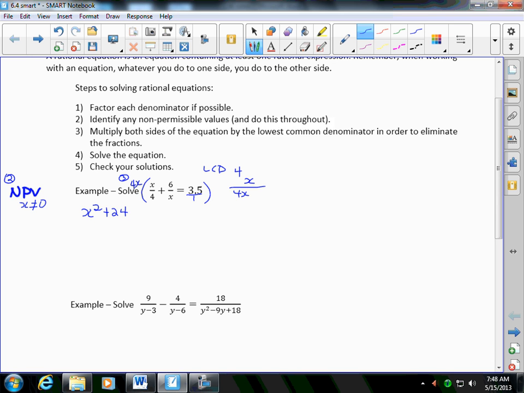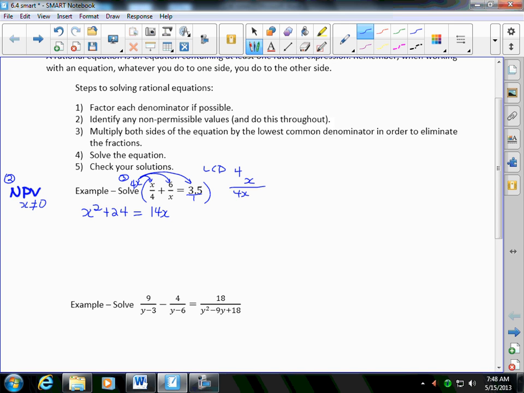And then 3.5 times 4x will leave me with 14x. So what I've done is I've multiplied this by 4x, I've multiplied this by 4x, and I've multiplied that by 4x. And by using the lowest common denominator, I can eliminate my fractions.